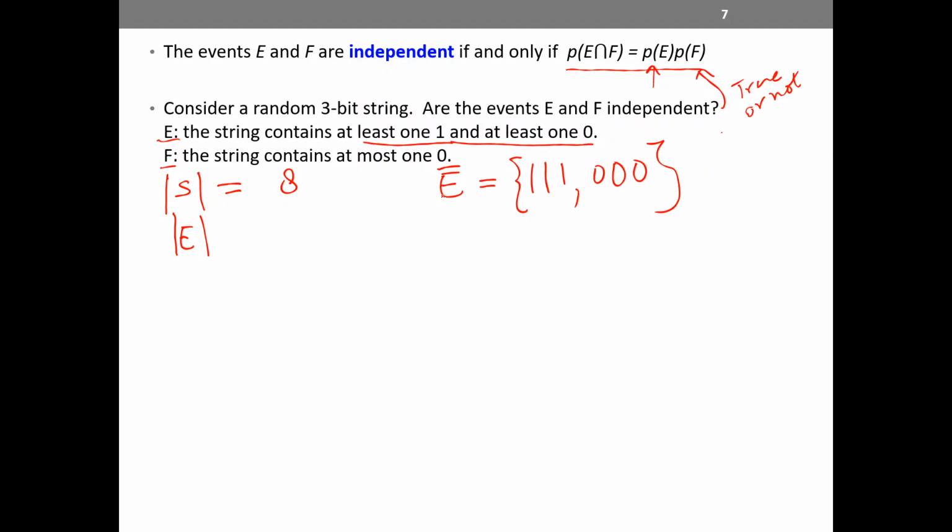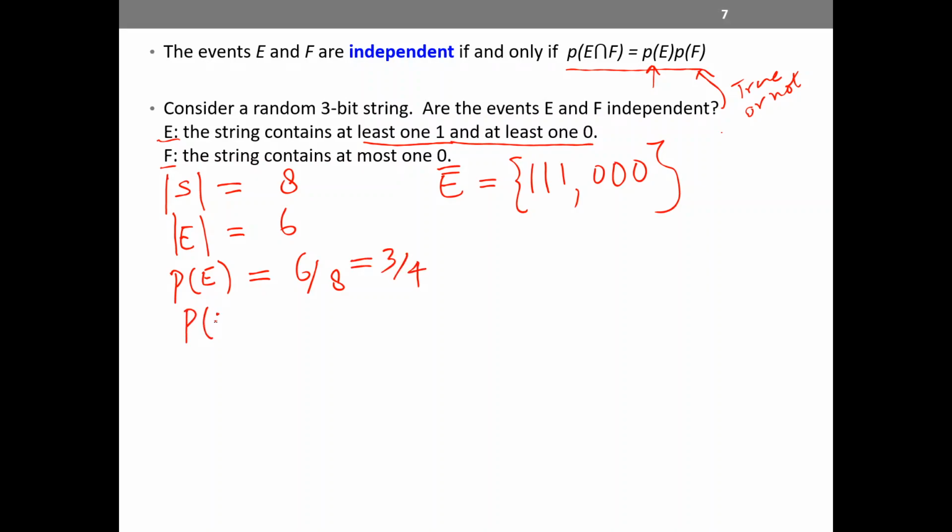So 2 are not in E. That means the rest are in E, which is 8 minus 2, which is 6. And I can determine the probability of E, which is 6 over 8, which is 3 over 4.